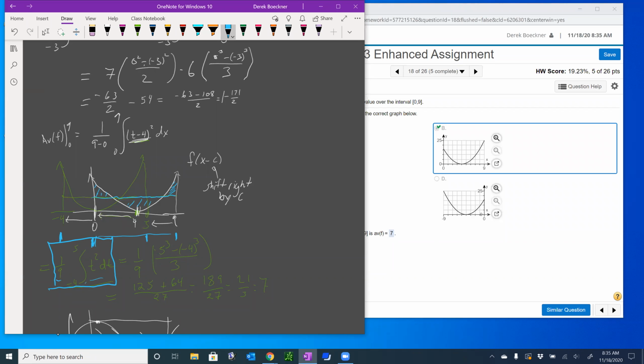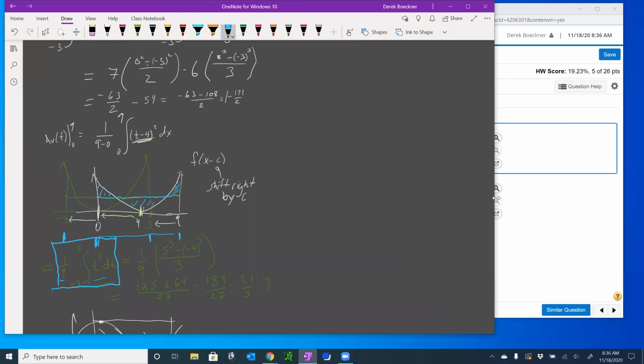This is the total area under the curve. So divide the total area by the width and you'll get the average height. Does that make sense? You don't have to. It works out fine the other way too.